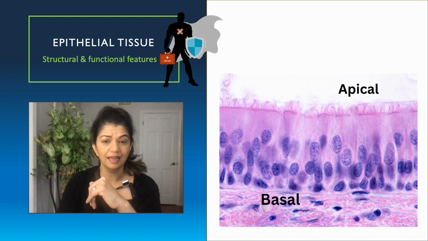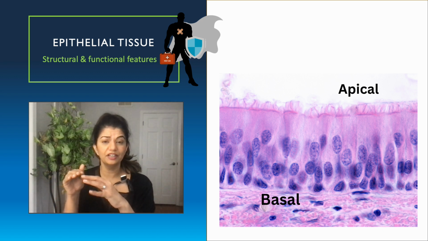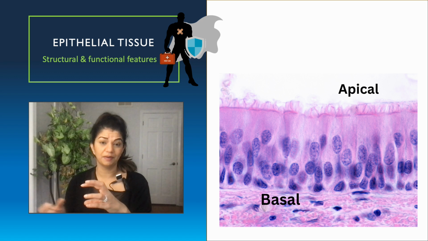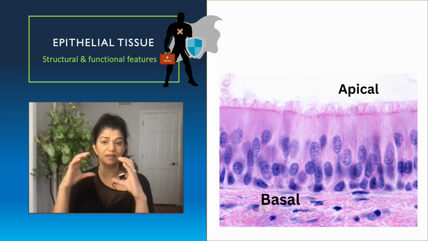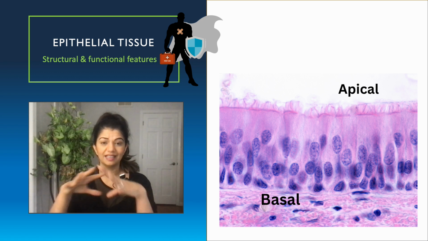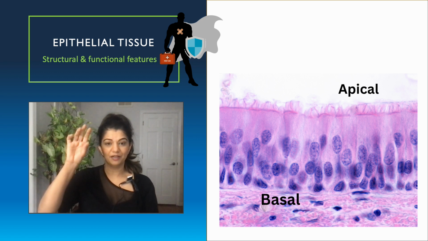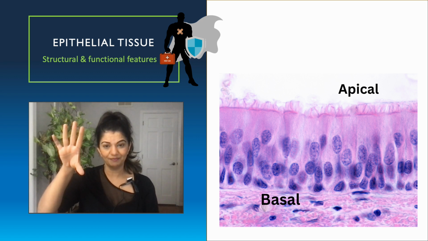Now the basal lamina is going to be attached to something called the reticular lamina. And then that is actually secreted by connective tissue. And this forms the basement membrane, which holds everything together. So let me recap. We've got specialized epithelial cells, right?